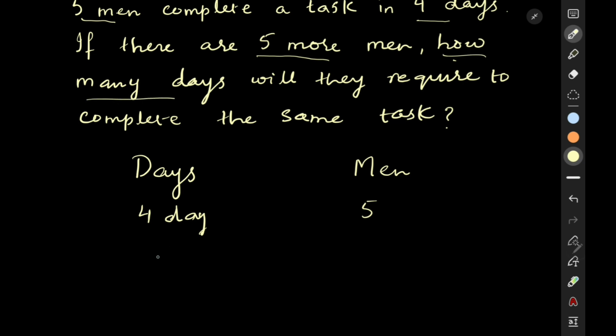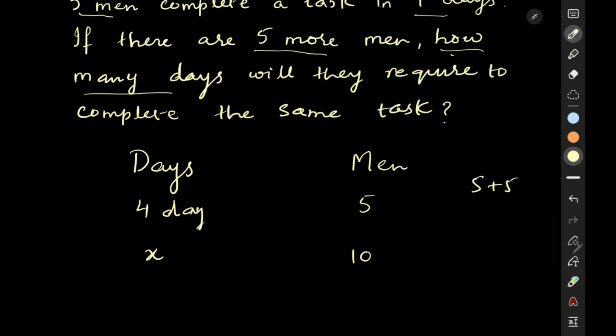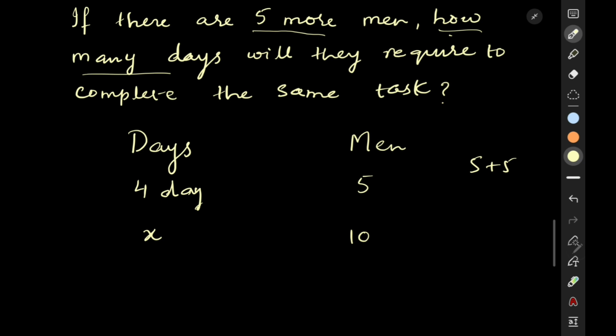So we write here x. We have to find days. So when 5 more men are added to these 5 men, the men become 10. 5 plus 5. Now the men are more. So obviously they complete their task in fewer days. So the question is about inverse proportion.